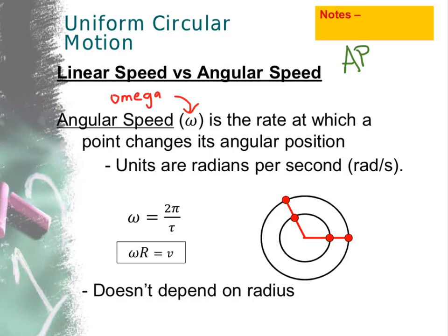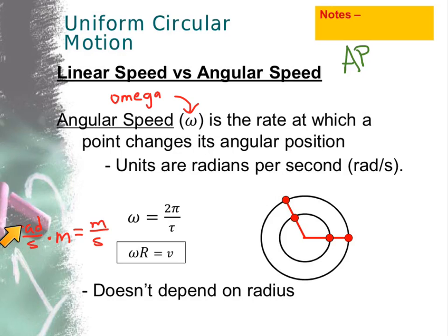Now there's a relationship between linear speed and angular speed. And that relationship is omega times r equals v. Now here's why I told you radians are dimensionless units. I told you that omega is in terms of radians per second. And then if we multiply that times a distance in meters, we should get meters per second, right?